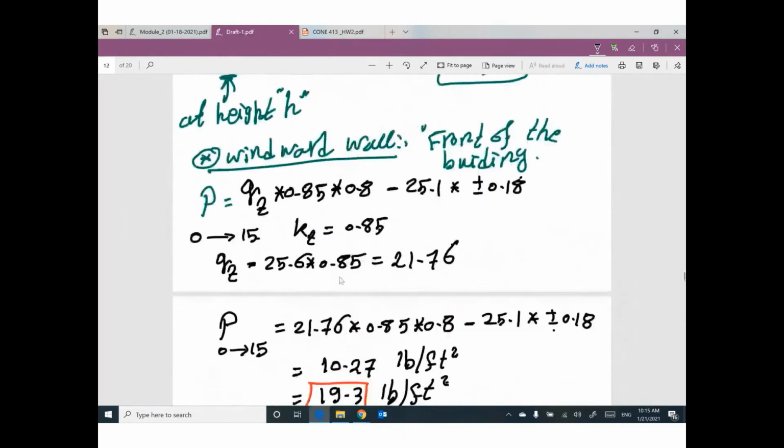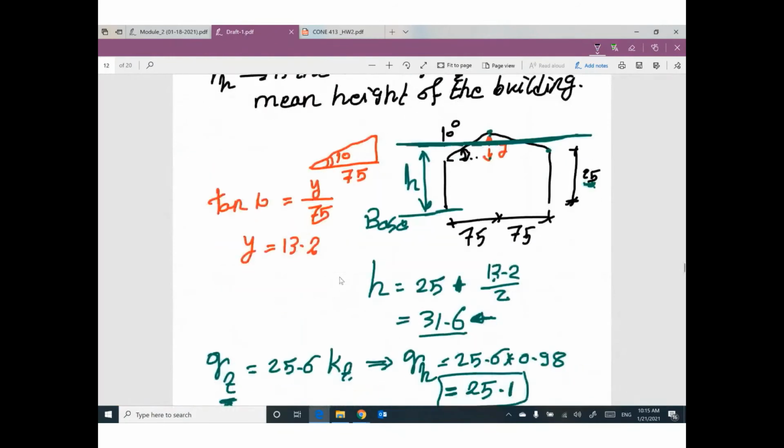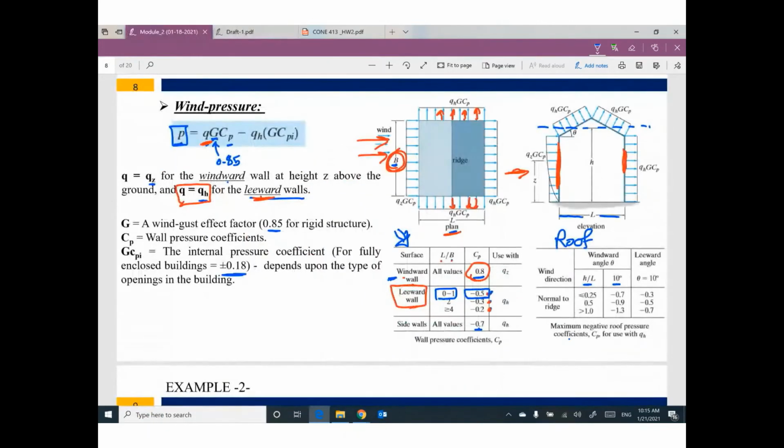The average height was 31.6, divided by L, which is 150. So 31.6 divided by 150 will be 0.21.